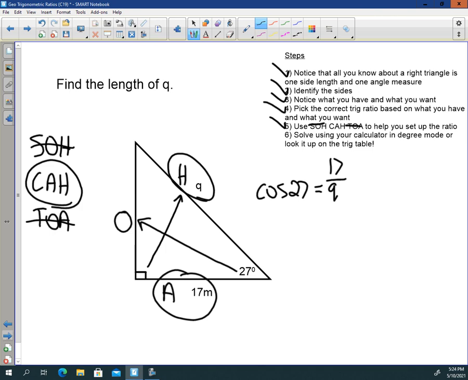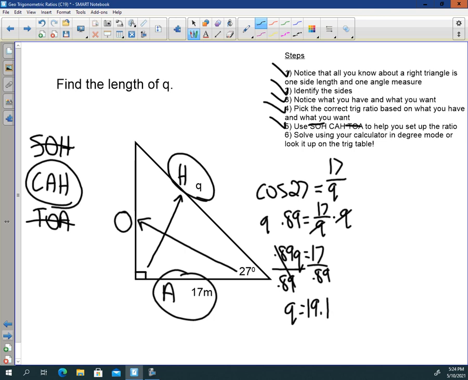Let's see, 27 cos is 0.89, and that equals 17 over Q. I'm going to multiply both sides by Q and get 0.89Q equals 17 because these cancel. Now dividing both sides by 0.89 gives me Q equals 17 divided by 0.89 is 19.1 meters. Done. And that's the length of that hypotenuse.